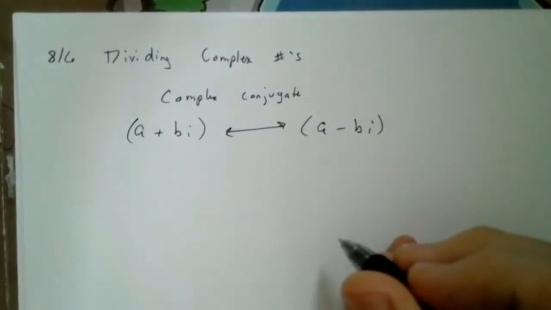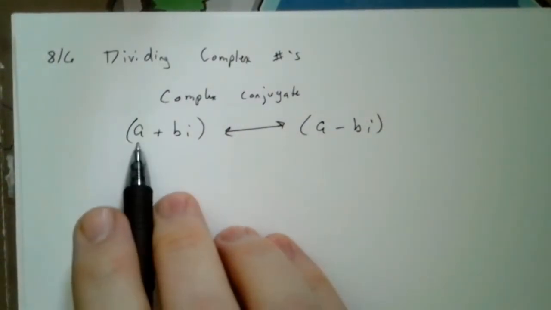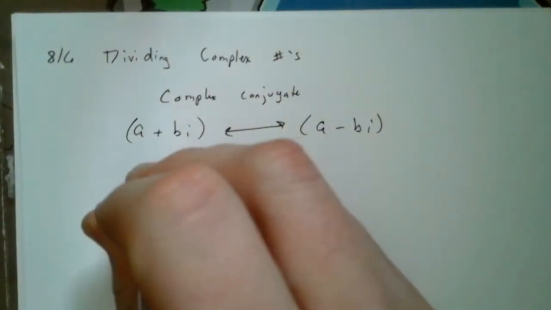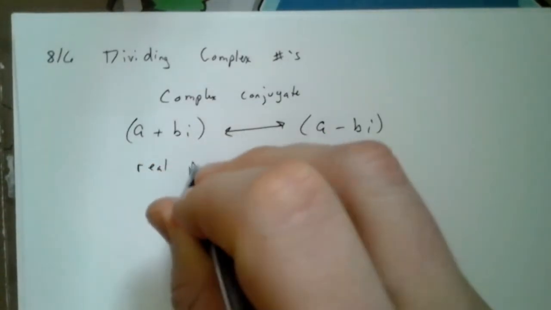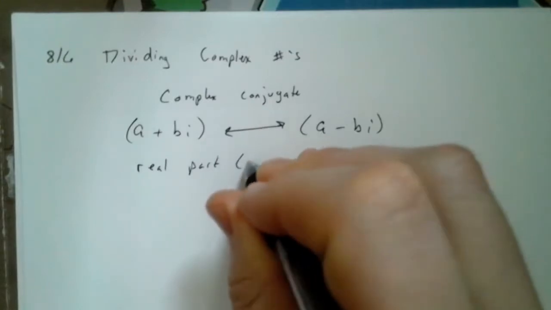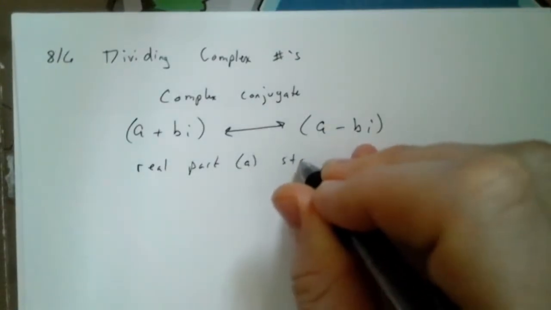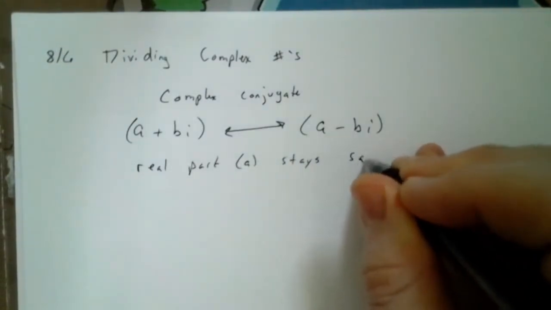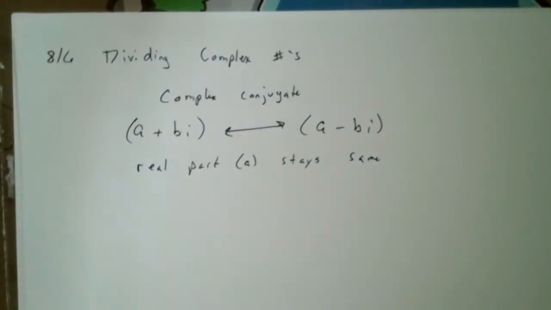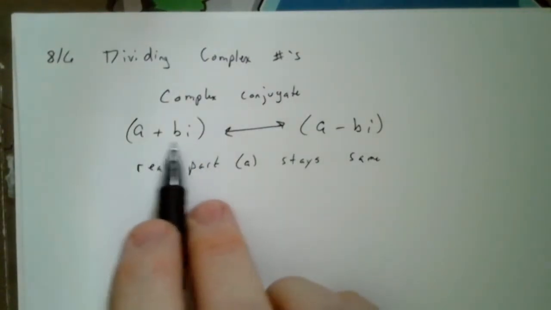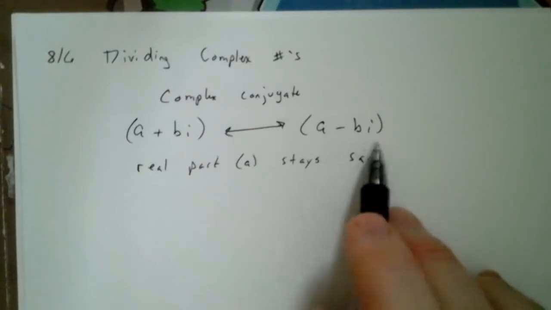So let's talk about what changed here. You can see a, the real part, stays the same. The imaginary part, plus bi, became minus bi.